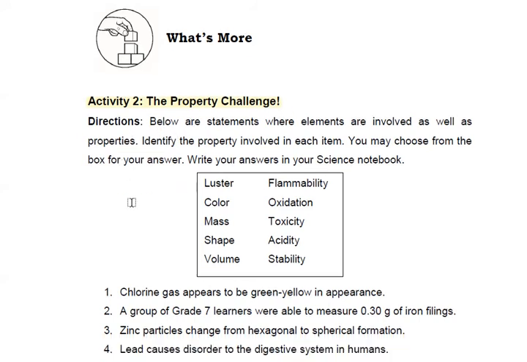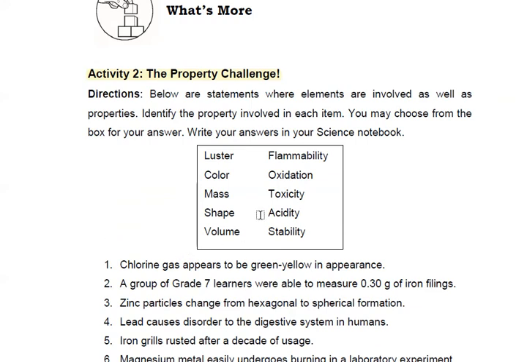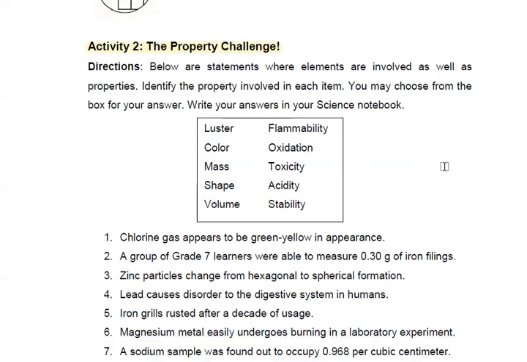Directions: Below are statements where elements are involved as well as properties. Identify the property involved in each item. You may choose from the box for your answer. Write your answers in your yellow pad paper.